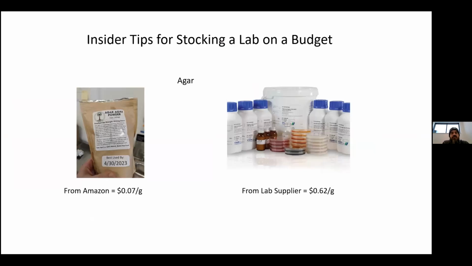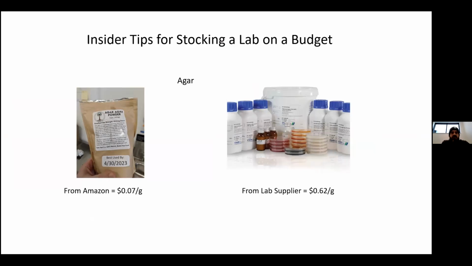Agar is one you may not think of. Agar is derived from seaweed, and it's basically what's used to keep your plates solid. When you boil it, it turns to liquid. When you pour that into a plate and let it cool, it turns into a solid surface on which you can streak your yeast or plate your beer samples.